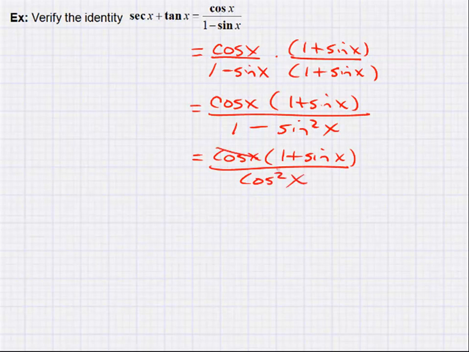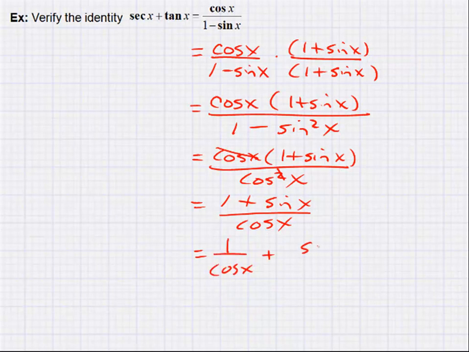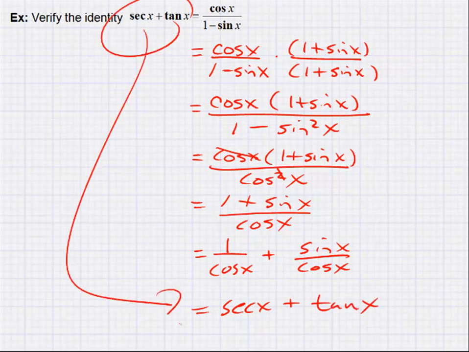This cosine cancels with one of these cosines, and I get 1 plus sine x over cosine x. Okay. Then what I can do is split this apart into 1 over cosine x plus sine x over cosine x, and I get secant x plus tan x, which is exactly where I wanted to go.